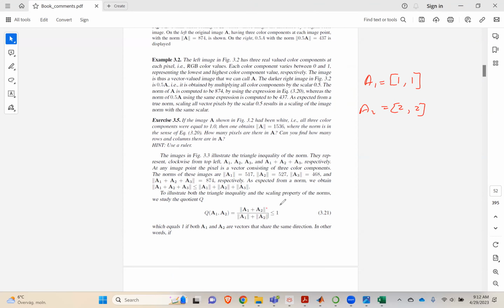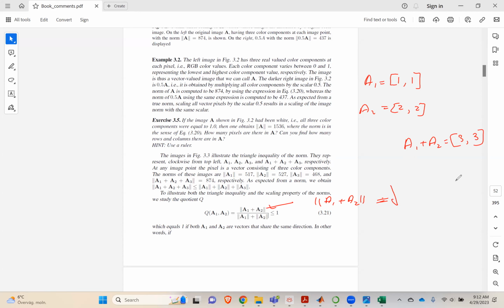For the first part, the norm of A1 plus A2, you need to add them together, then only pass into the norm. You cannot pass them separately and add. So A1 plus A2 is equal to 3 and 3.